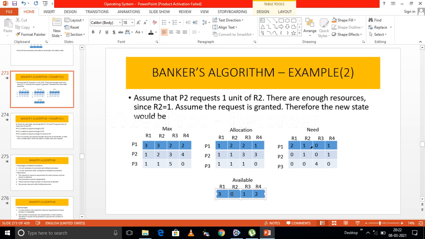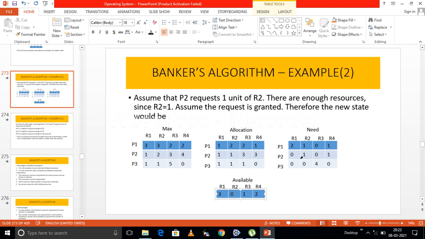P1 is not able to proceed because it requires 1 instance of R2 and we don't have any instance of R2 available. So P1 can't be allocated the resources it is asking for.